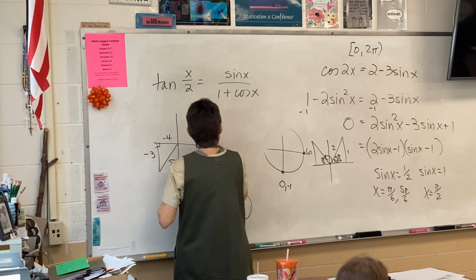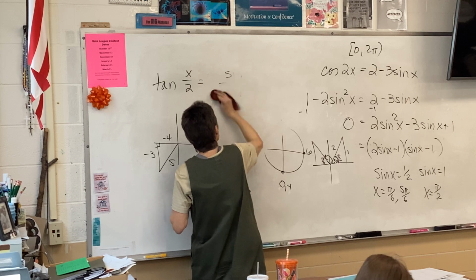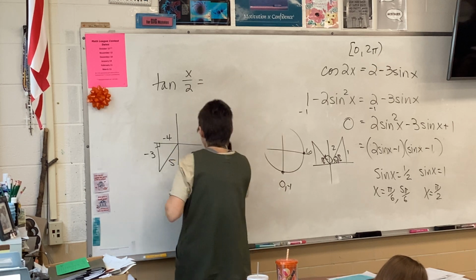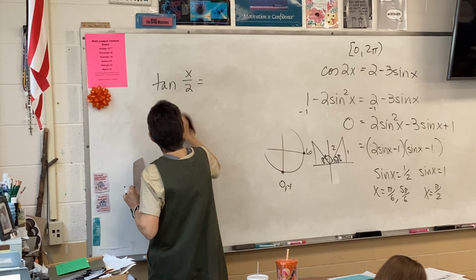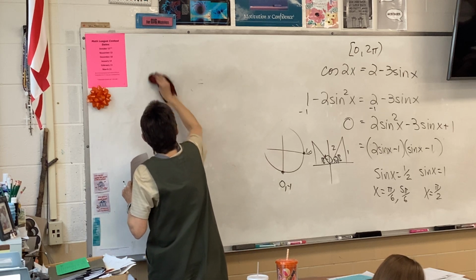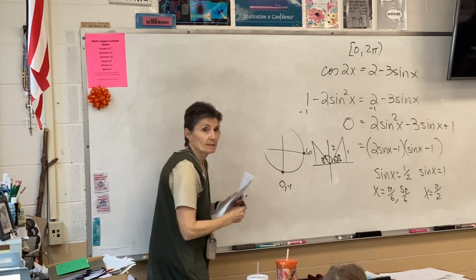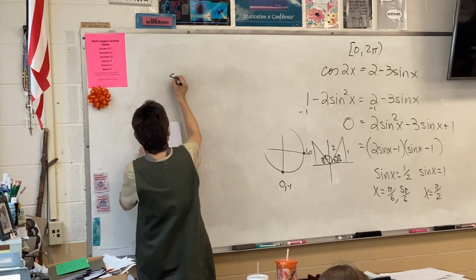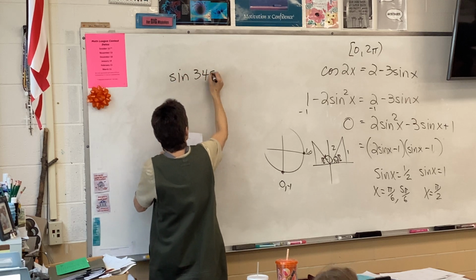Number 2, we already did one, but we'll go ahead and do this quickly. What is your strategy with problem number 2? Sine 300 plus 45. That's a good one. So we have sine 345.